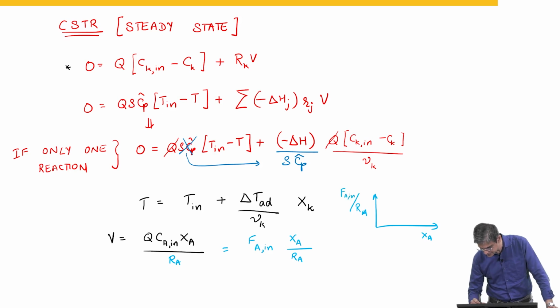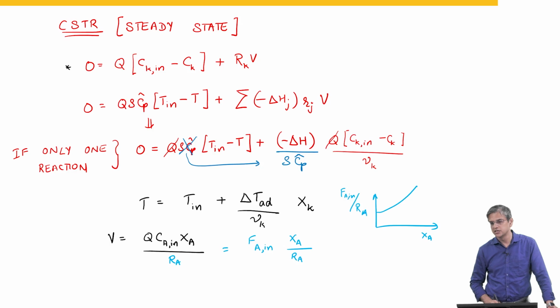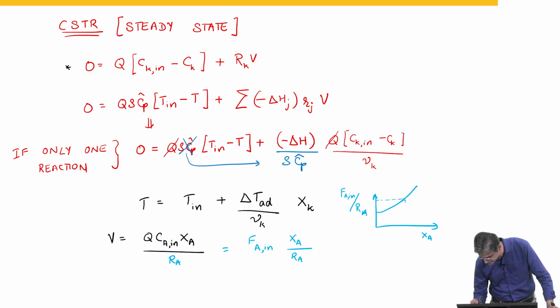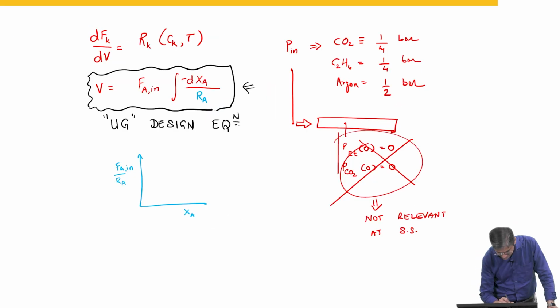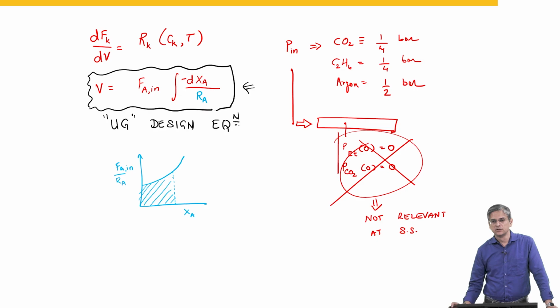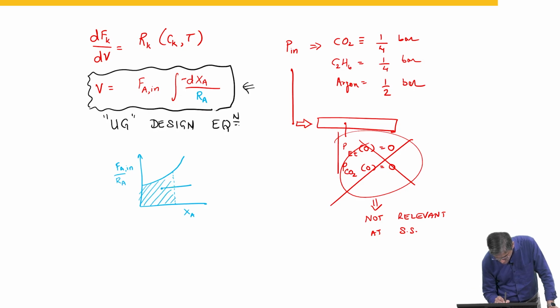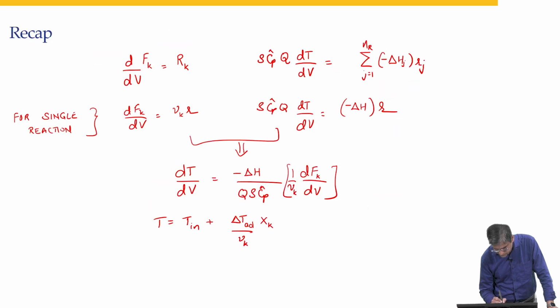okay, let us say we get a curve like this, and this is our desired XA, then this term is nothing but this area. If this is our desired XA, then this is the volume of PFR.